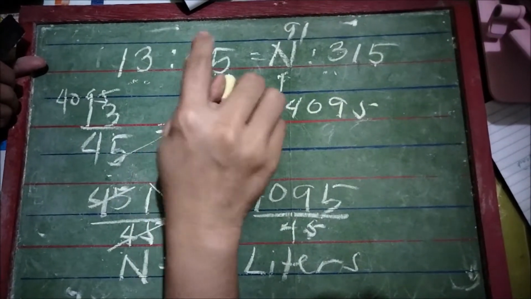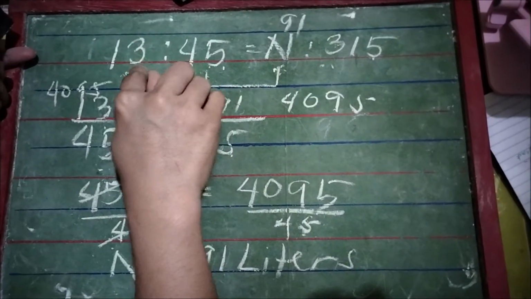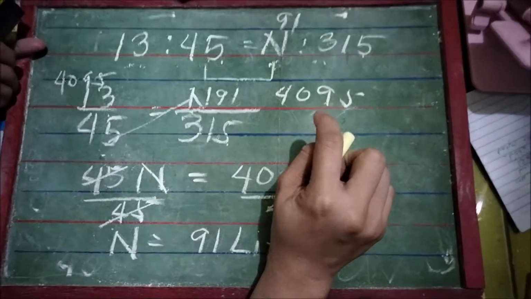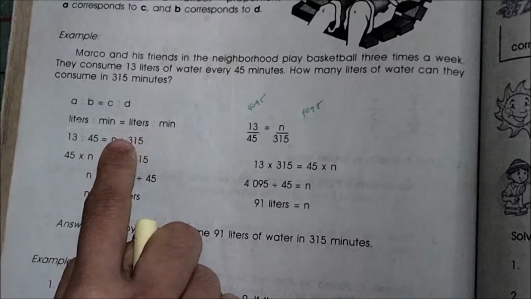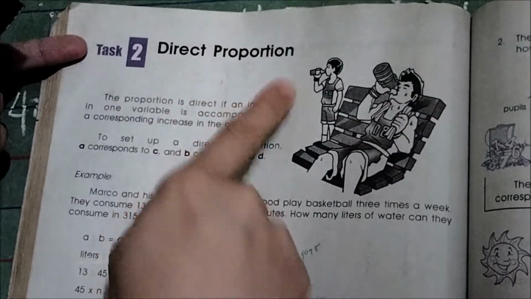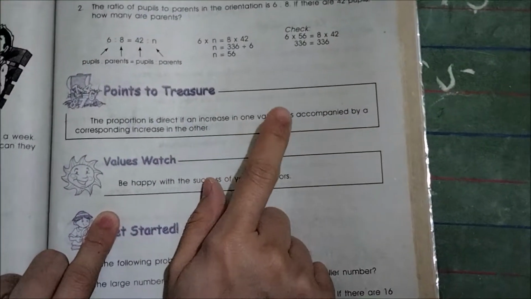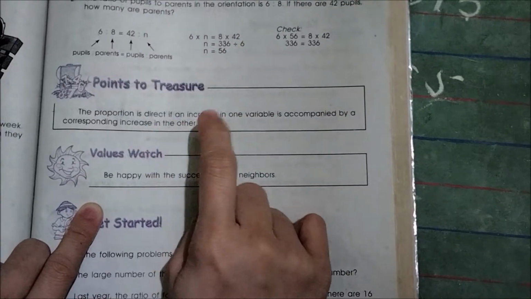So 45 times 91 is 4095, and 13 times 315 is also 4095. So this type of problem, liters is to minutes, is an example of a direct proportion. It's because our problem emphasizes an increase in one variable is accompanied by a corresponding increase in the other.